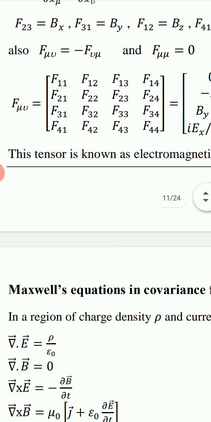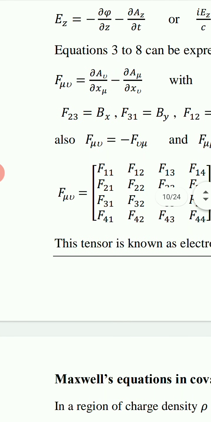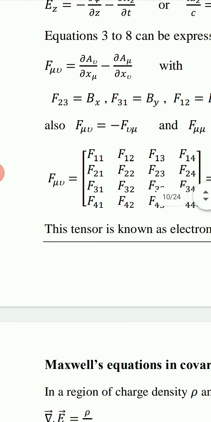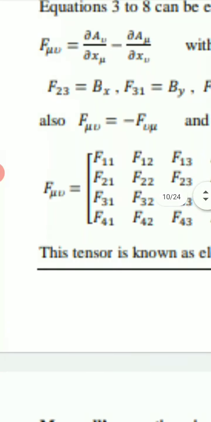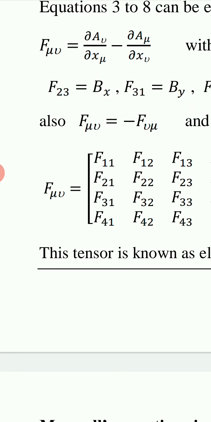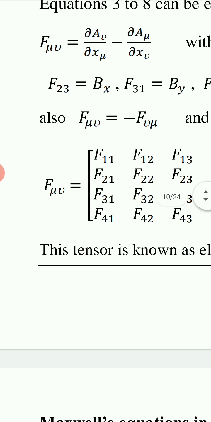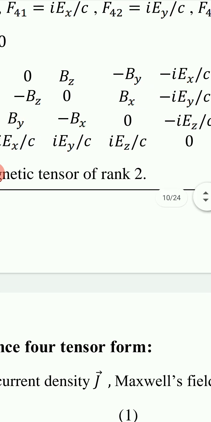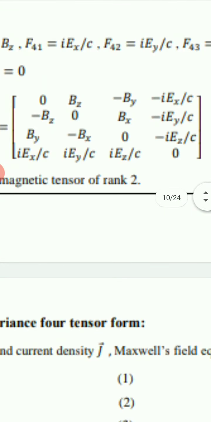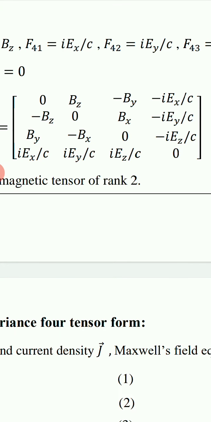So the electromagnetic field tensor is given by this equation: F mu nu equal to delta A nu upon delta x mu minus delta A mu upon delta x nu, and this tensor has these 16 components written by a 4 by 4 matrix.